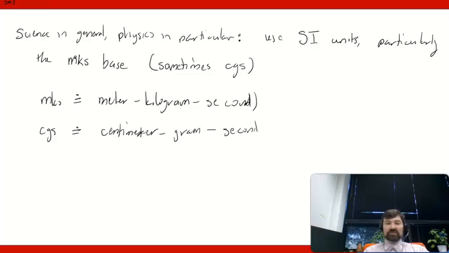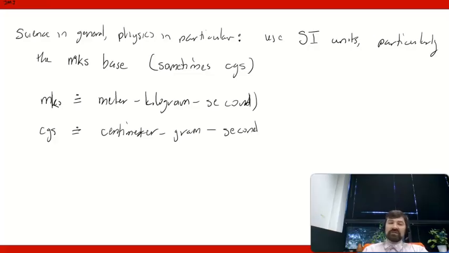Both of them actually use the second as the time unit. The meter is the length unit for this one. The centimeter is the length unit for this one. Kilogram or gram represents different values of mass.